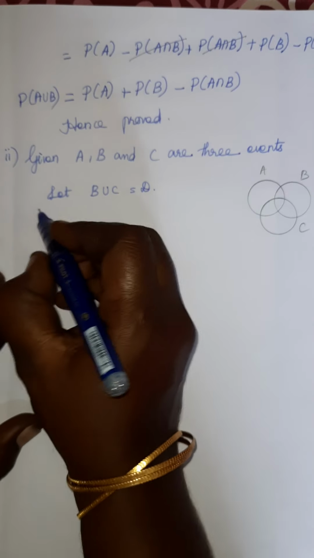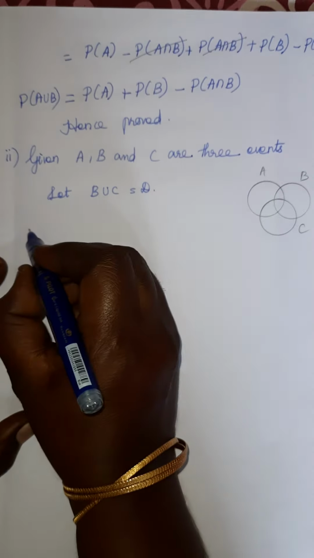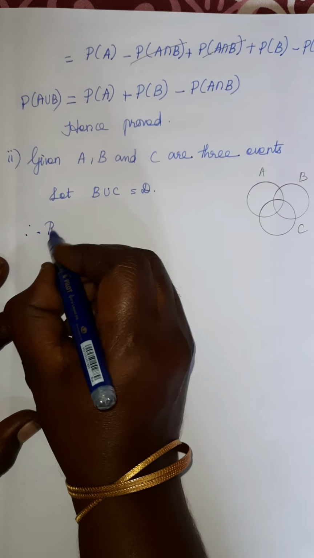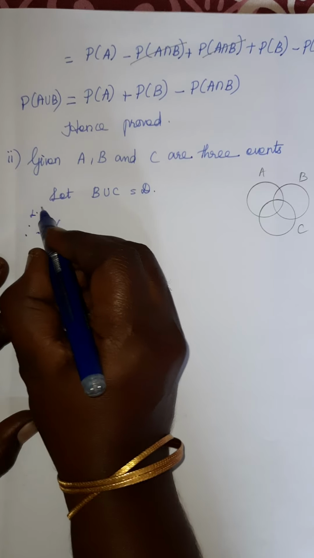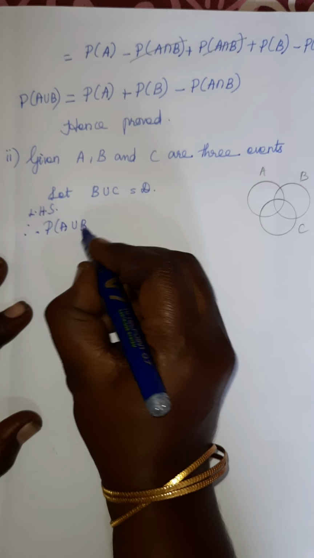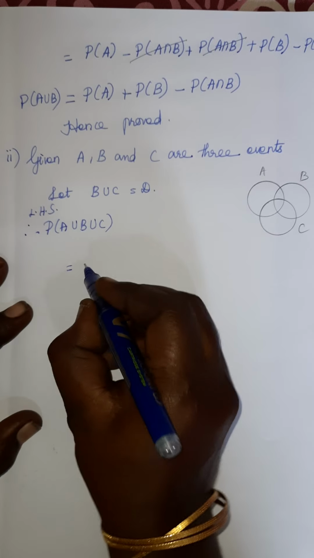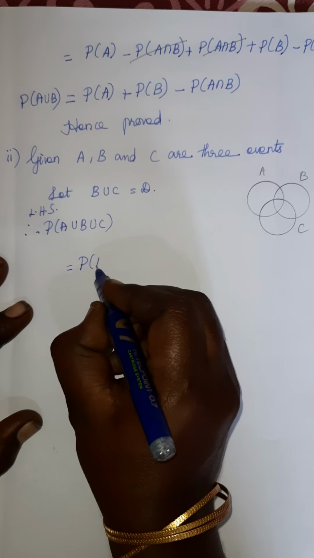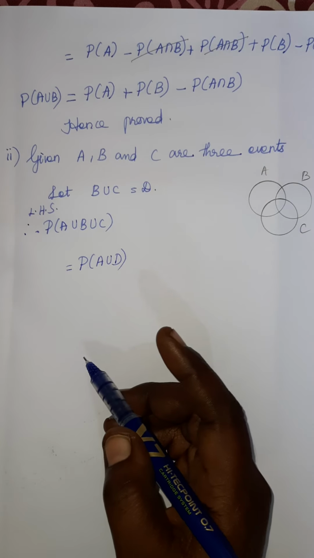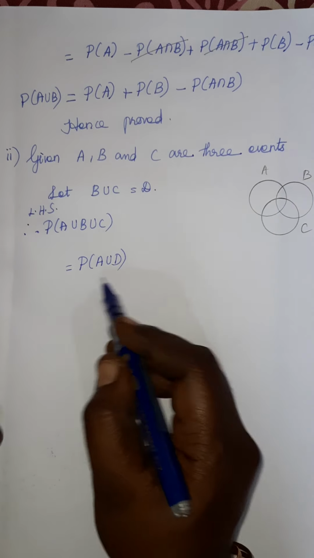Therefore the left hand side, LHS, P of A union B union C is equal to P of A union D. Now we get only two sets. Are you clear? Only two sets.